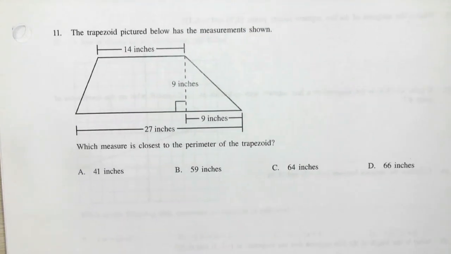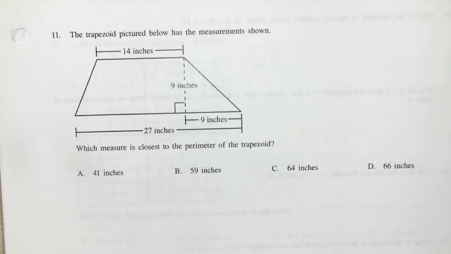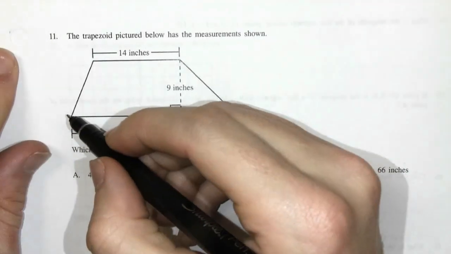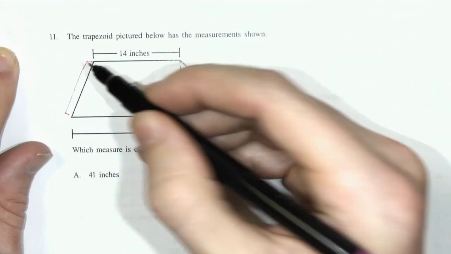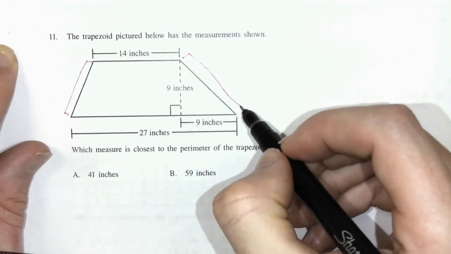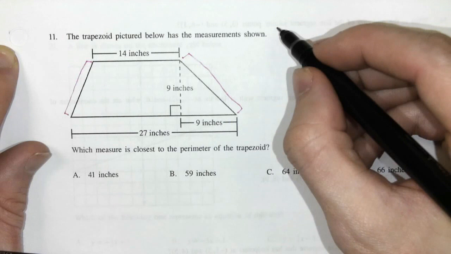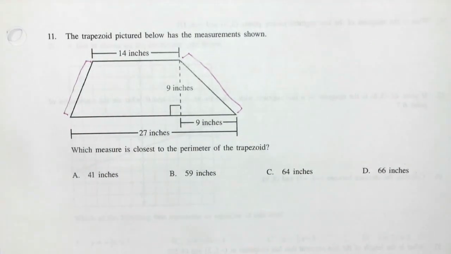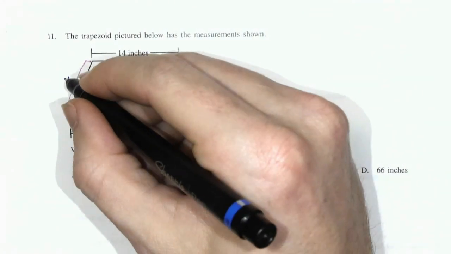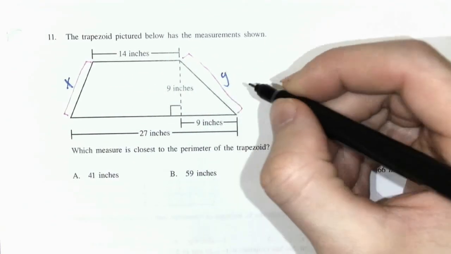Number 11 says the trapezoid pictured below has the measurements shown. Which measure is closest to the perimeter of the trapezoid? So the perimeter is going to be this side plus this side plus this side plus this side. So right now, since we don't know these two sides, let's just go ahead and call them x and y.